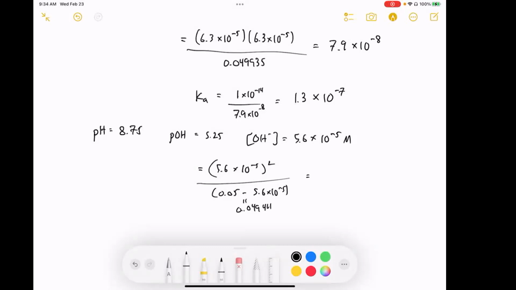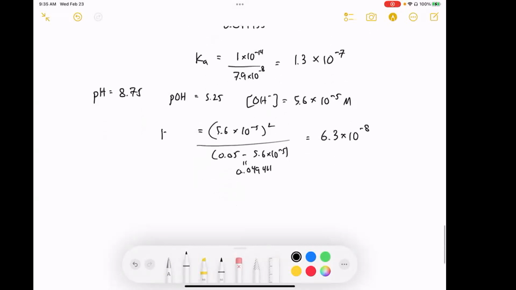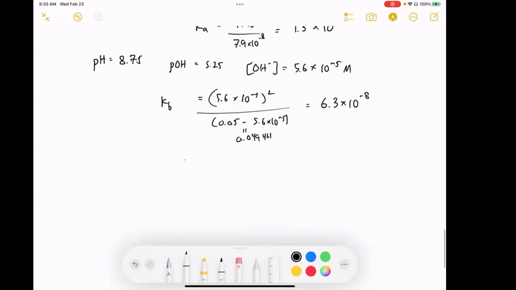Okay, but what do we get for our value? 5.6 e to the negative 5 squared divided by 0.04944. We get 6.3 times 10 to the negative 8 as our KB.